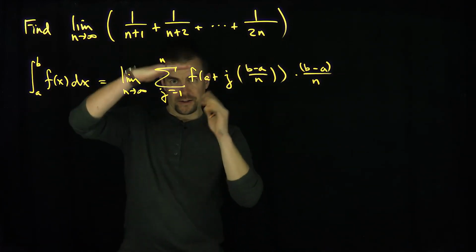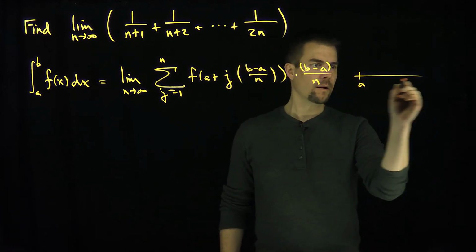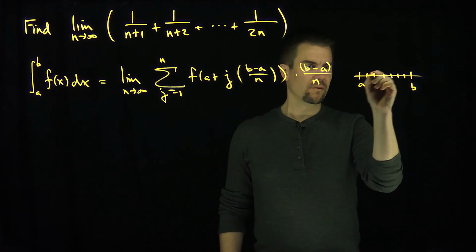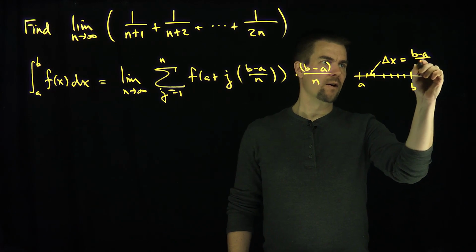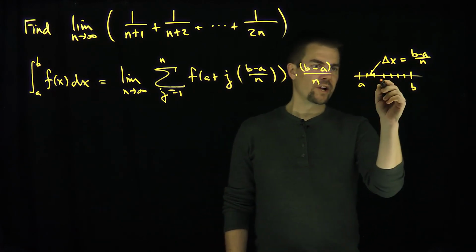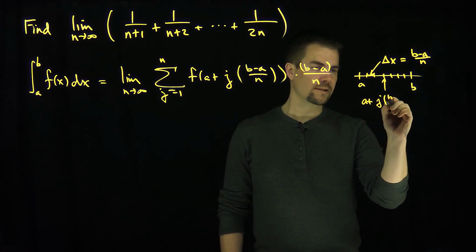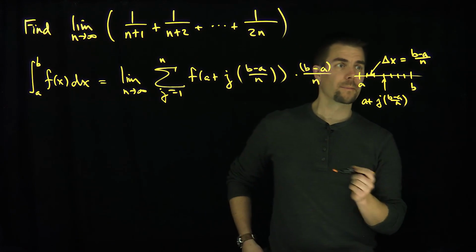And remember, it's the constant incrementation. I go from a to b by steps of what? The step size is delta x, and that delta x is (b minus a) over n. The jth point is just going to be a plus j times (b minus a) over n. So make j steps, and you line up at that point.